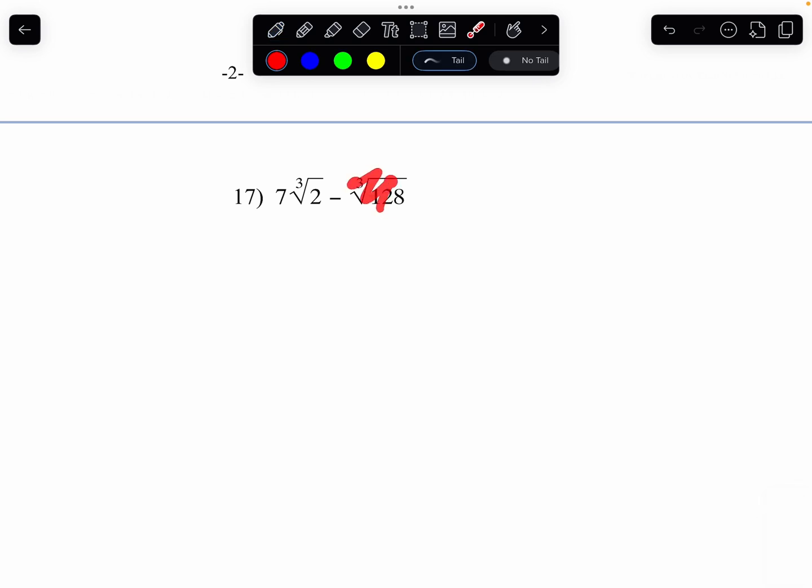Probably do the same thing here. So I can't add these roots together, because they don't have the same radicand. But this one's cube root 2. I'm going to see if I divide 128 by 2. So 7 root 2 minus cube root, so cube root 128 divided by 2 is going to be 64.